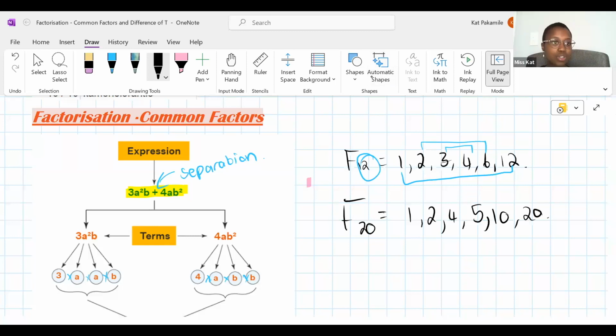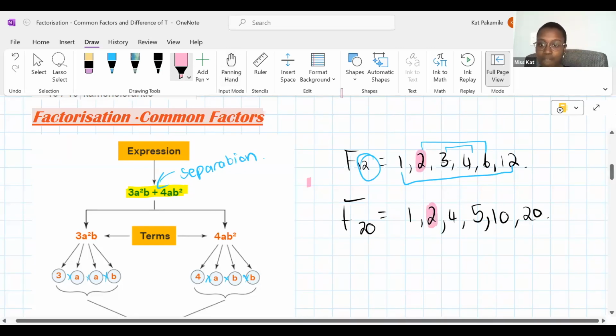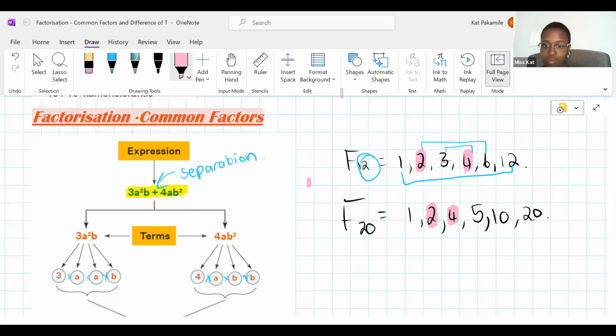So if I said to you, what are the common factors between, not the highest, just in general, the common factors between 12 and 20? We leave out 1, guys, because everything has a factor of 1, so we don't include it. But here we have a 2 on both of them. We have a 4 on both of them, and that would be about it, right?